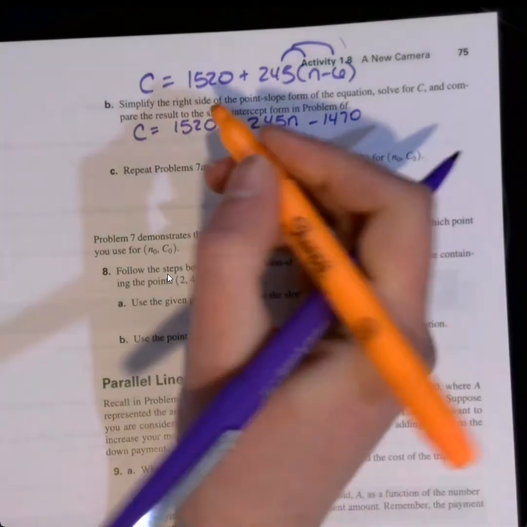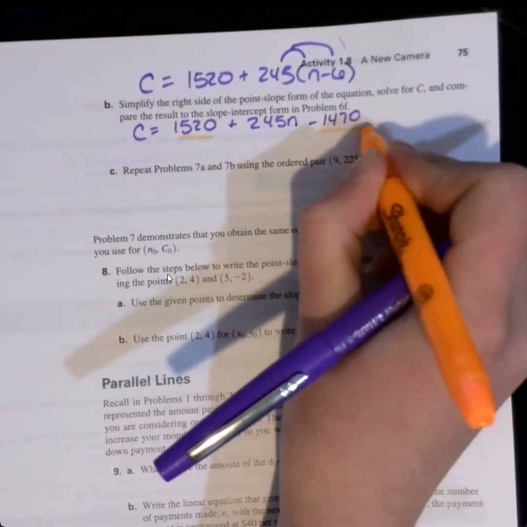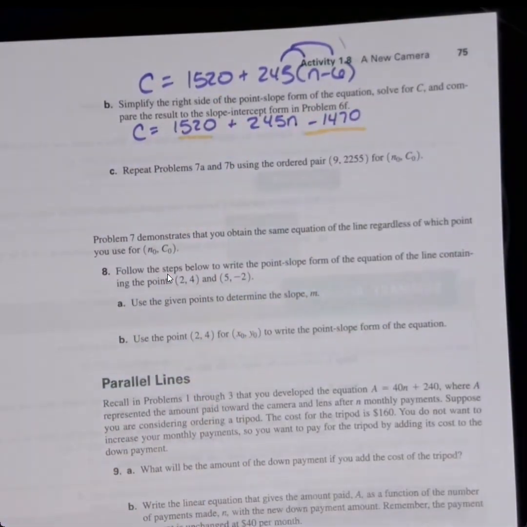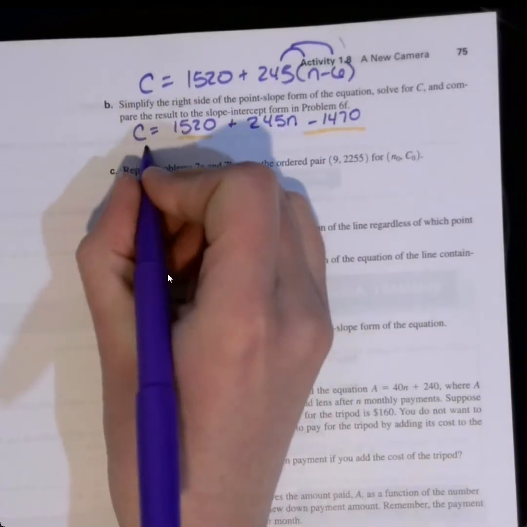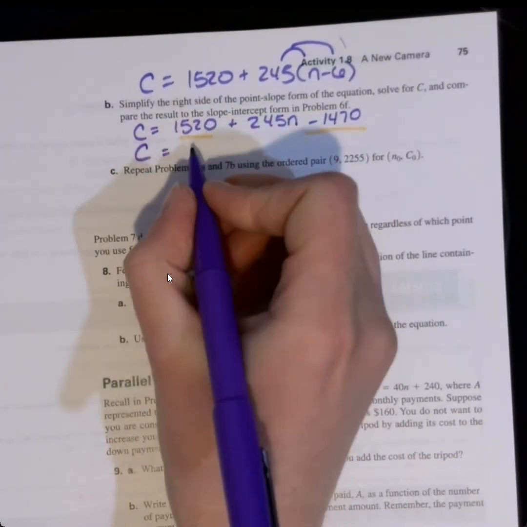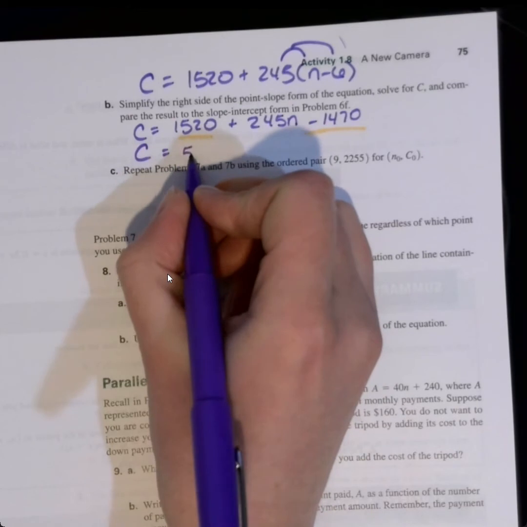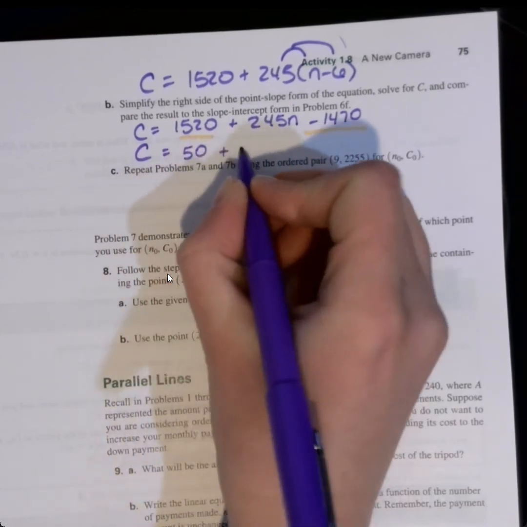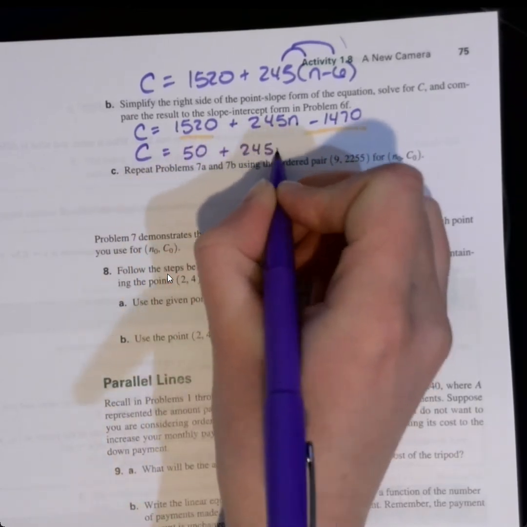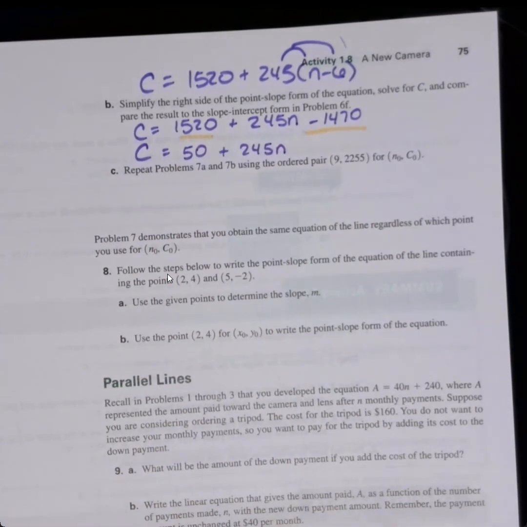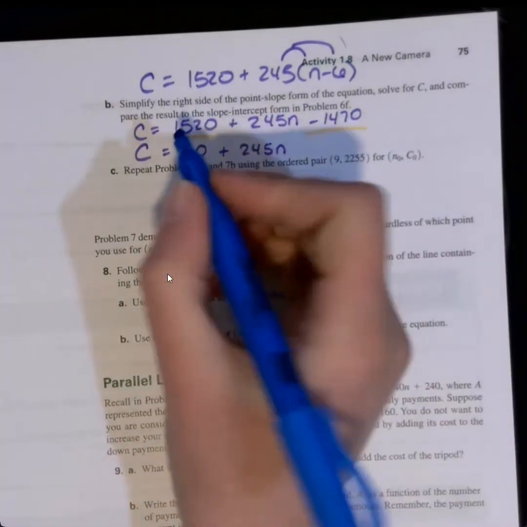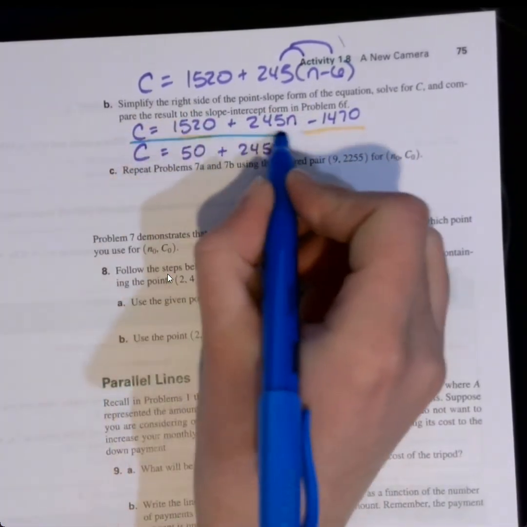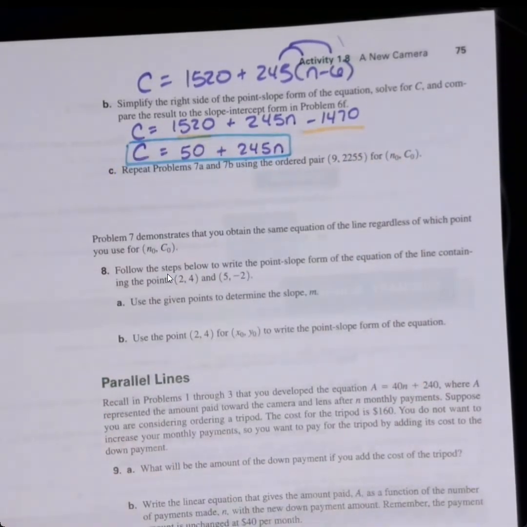On this side, we have like terms. We have 1520 minus 1470. And if we do that computation, 1520 minus 1470 is 50. So that gives us 50 plus 245n. And so we get our solution. We have the same thing that we had on the other page for the equation.